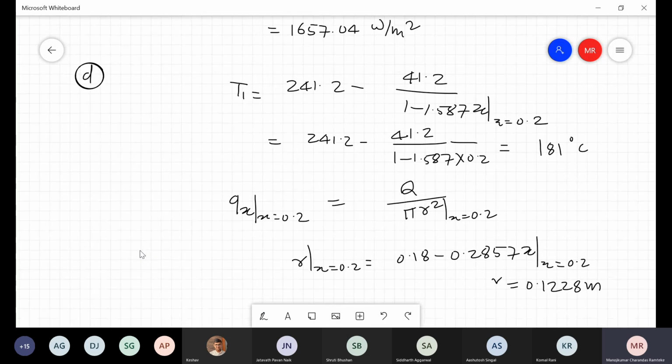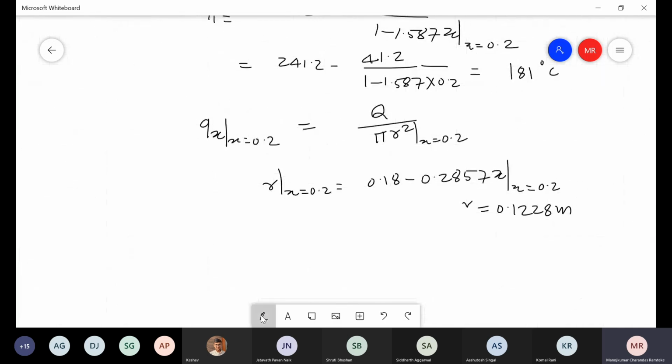Just check whether you all are getting the same value or not. So this is the r at the contact point, the r at x equals to 0.2. Okay, now put in the equation.